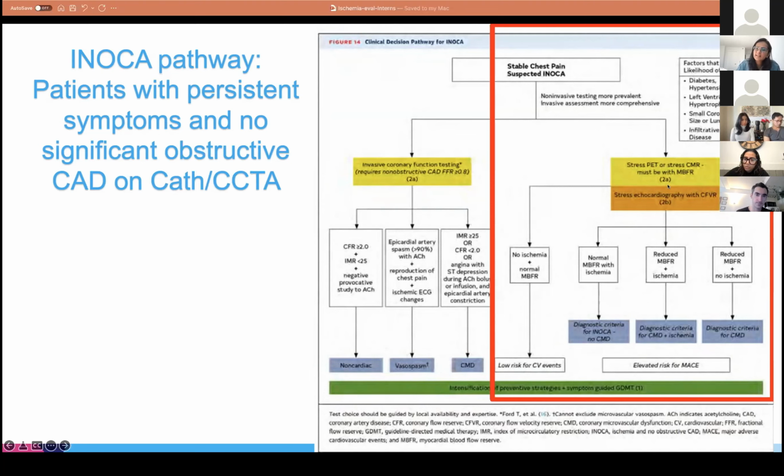When we look at the actual blood flow, we can identify whether or not they have disease of the microcirculation, which helps explain the symptoms of these patients. And then we can also manage them appropriately with ACE inhibitors, beta blockers, and all of that, which help improve microvascular disease.